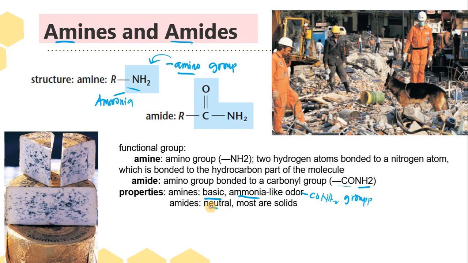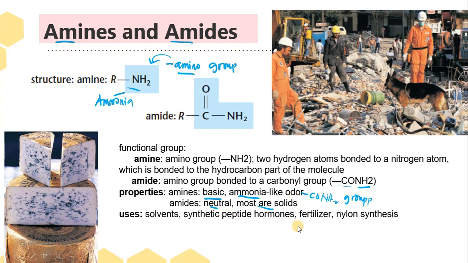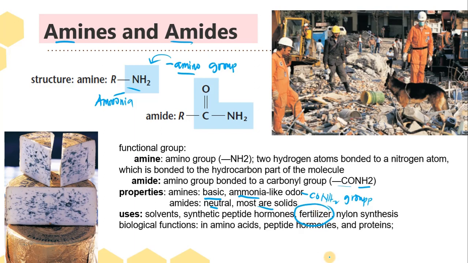Amides are neutral, but most of them are solids. They are used as solvents, synthetic peptide hormones, and fertilizer. Commonly, we can relate to this one as a fertilizer. Nylon synthesis. So, biological functions in amino acids or the proteins in our body and in the food we eat, proteins, peptide hormones, and then the proteins.